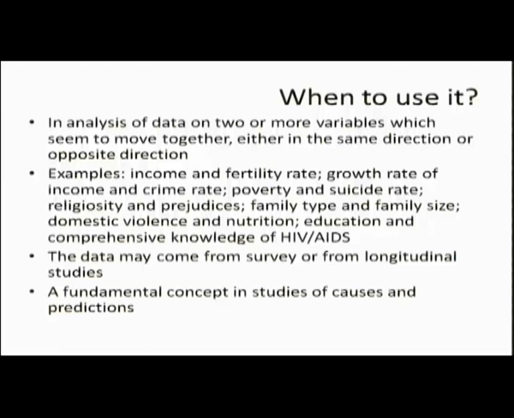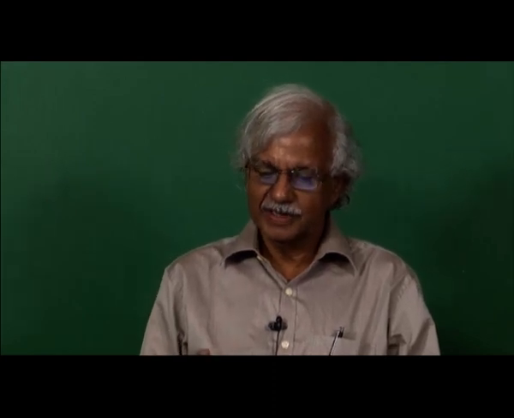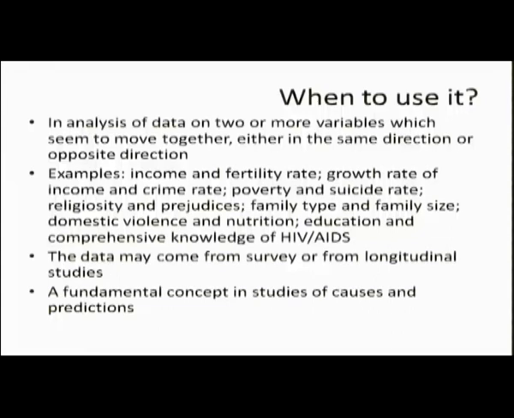Poverty and suicide rate, religiosity and prejudices, political prejudices, social prejudices, stigmas, whether religiously liberal people have more prejudices or discriminatory tendencies or biases against certain communities or castes. Then family type and family size means whether nuclear families have higher fertility or joint families have higher fertility.